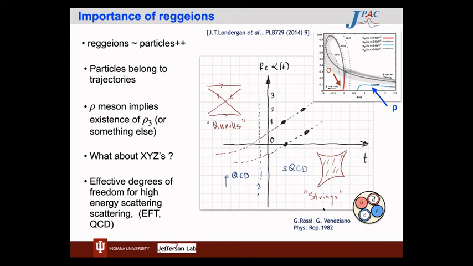Same with multi-quark states. Long time ago, it was shown by Rossi and Veneziano how the existence of things like tetraquarks and pentaquarks is connected, in the large N_C limit, to certain duality processes involving baryon and anti-baryon scattering. So again, it would be interesting to think about what the XYZs are in the context of Regge trajectories.